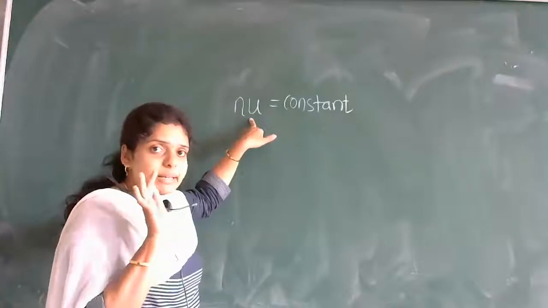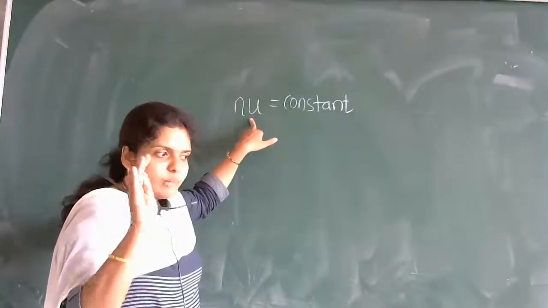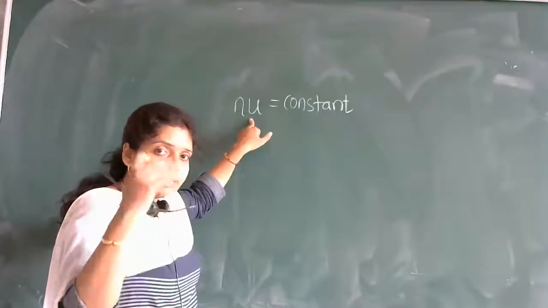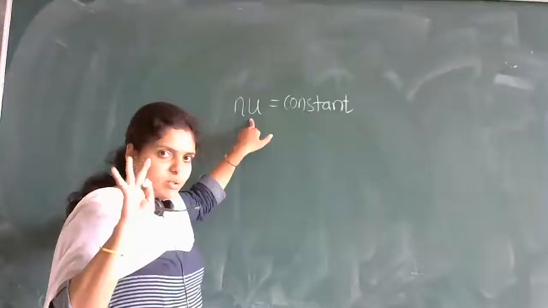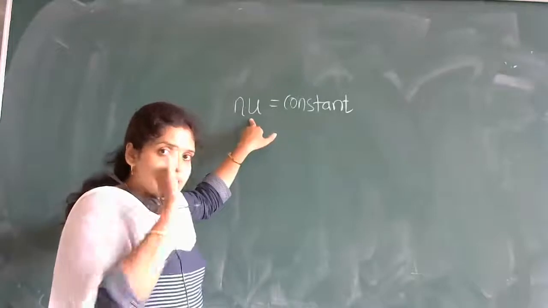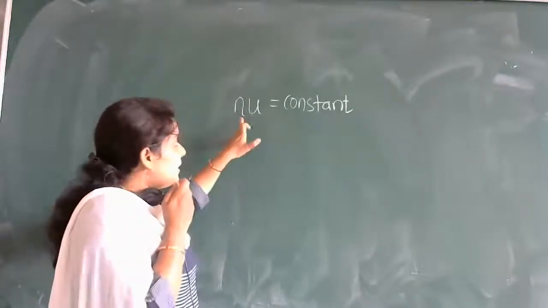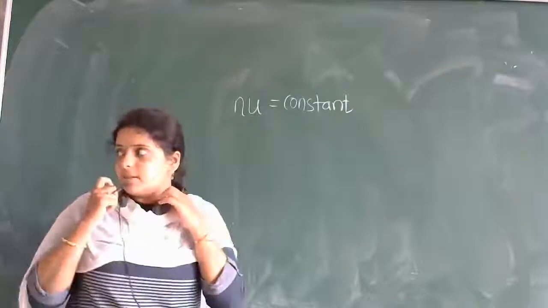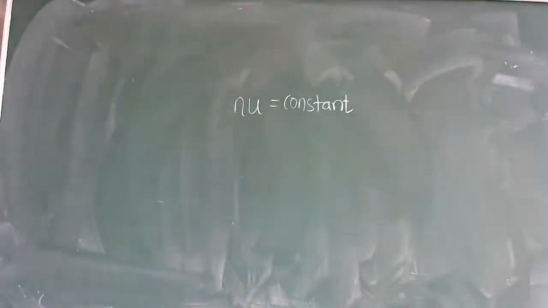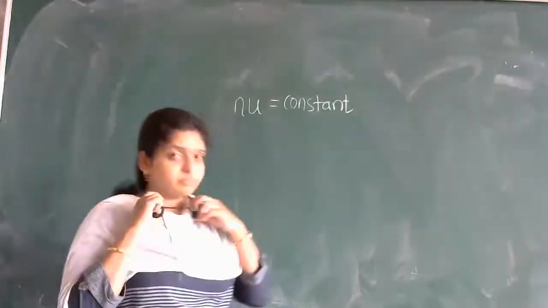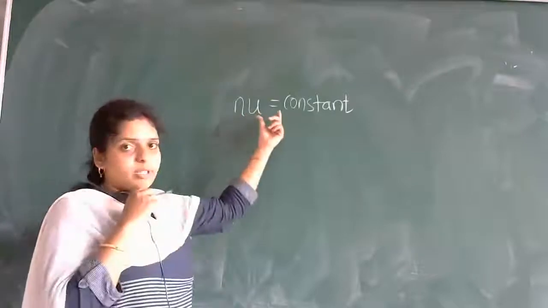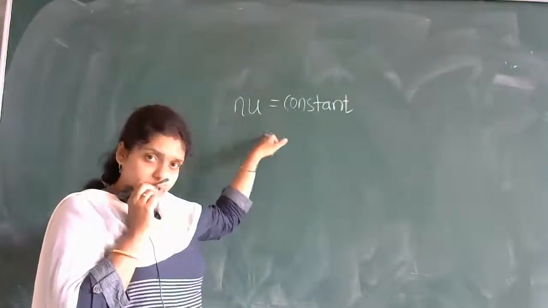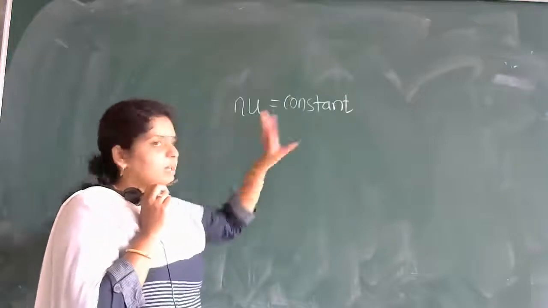This is a general example, so you may not understand clearly, but once I go through an example with some unit, you will understand clearly. So have patience, listen carefully. I write nu is equal to constant, where the physical quantity has unit u and magnitude n.